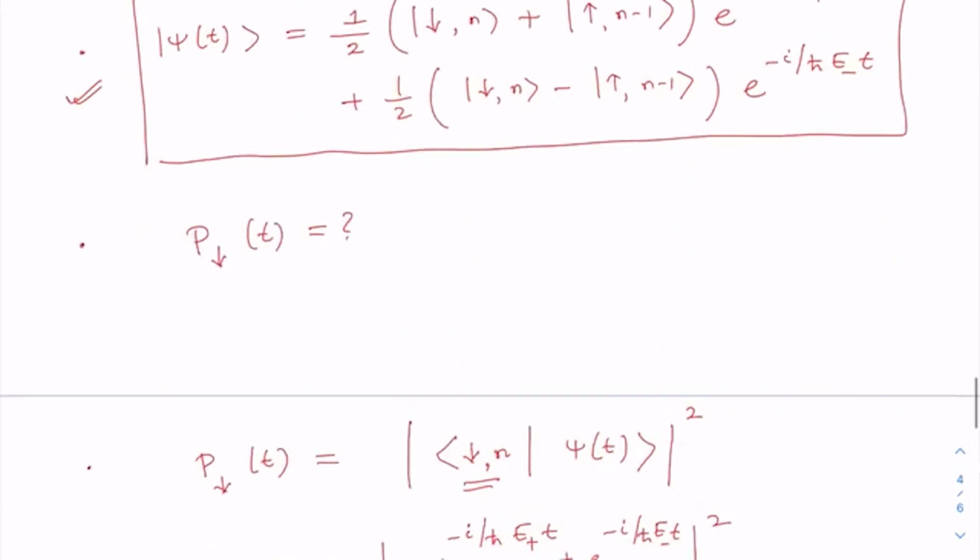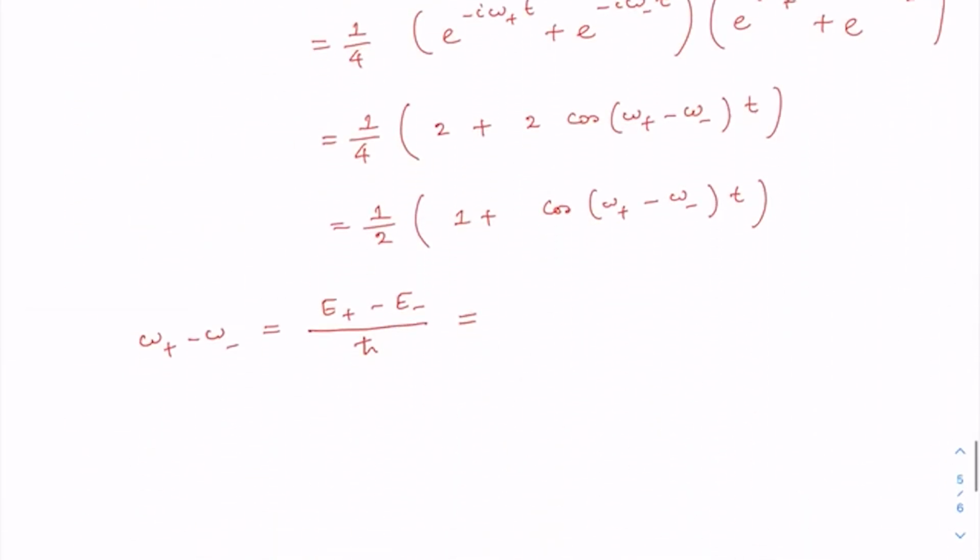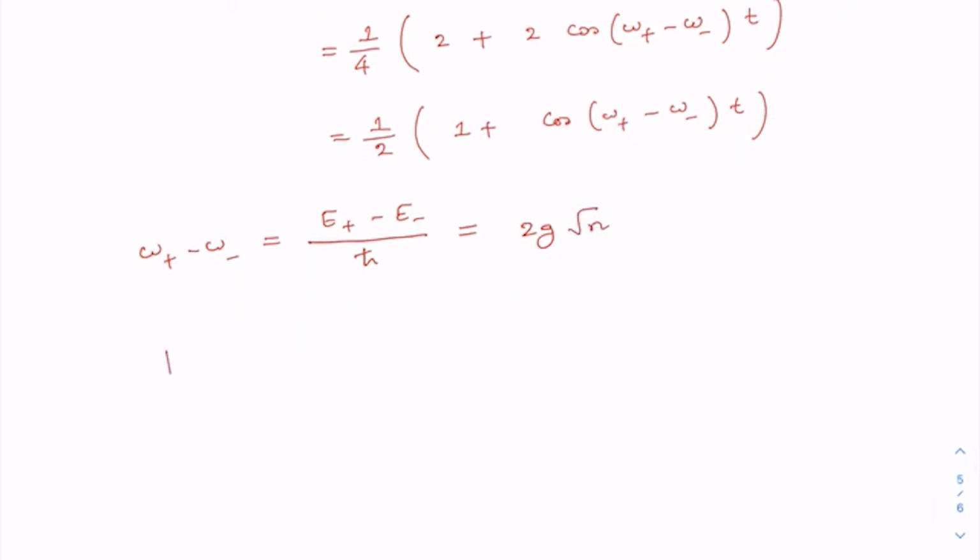So you are going to get here ħ will get cancelled out, and you will have 2z into square root of n. So finally you obtain this expression, that the probability of getting the atom or the two-level system in the ground state would be given by 1/2 (1 + cos(2z√n t)).